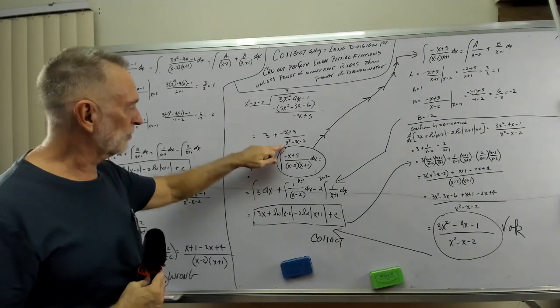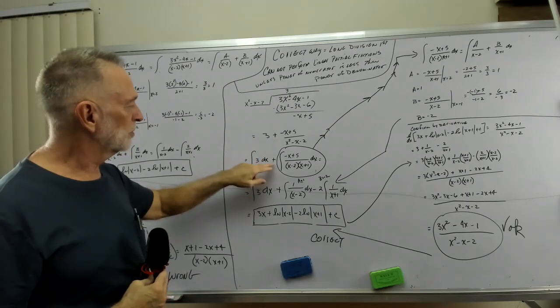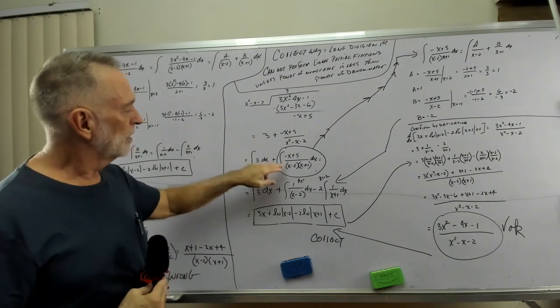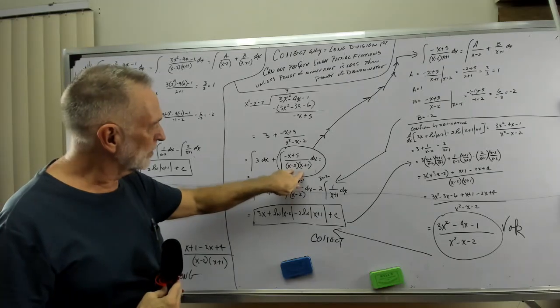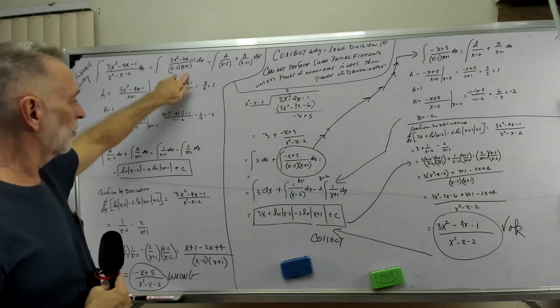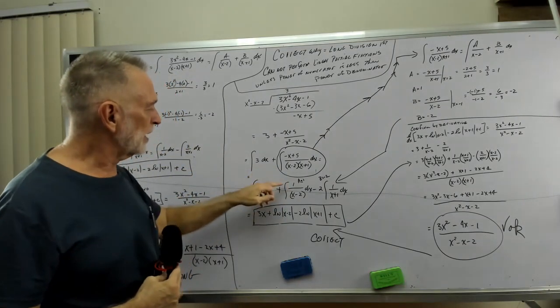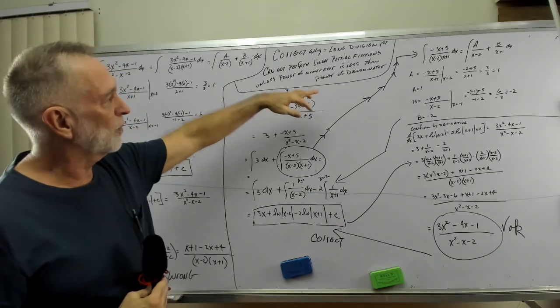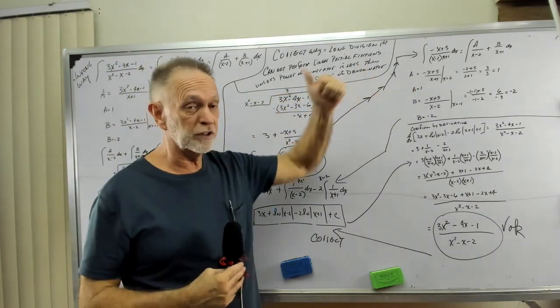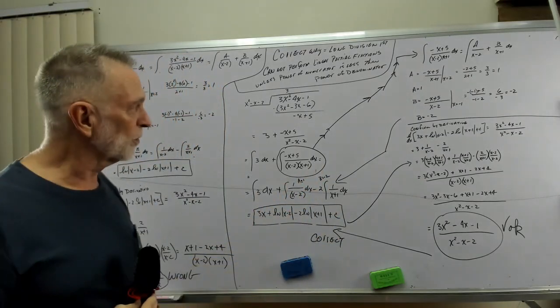Now I can factor this, and of course it's the integral of 3 dx plus the integral of this with the denominator factored in with the same factors I had earlier. So I go through that same function again, and by the way, when I solve for a and b, a is still 1, b is still negative 2, same as before.